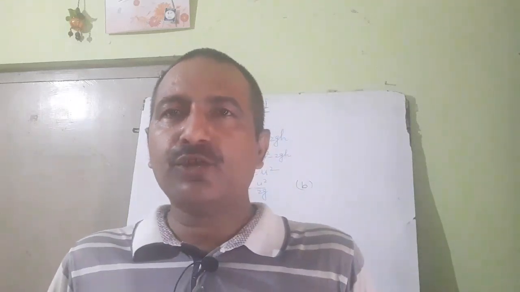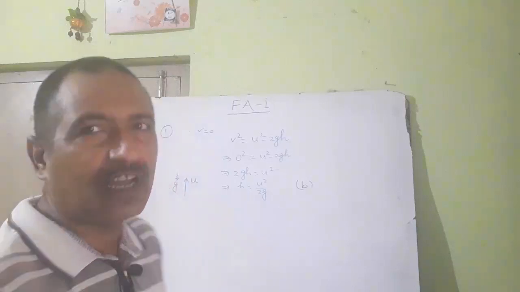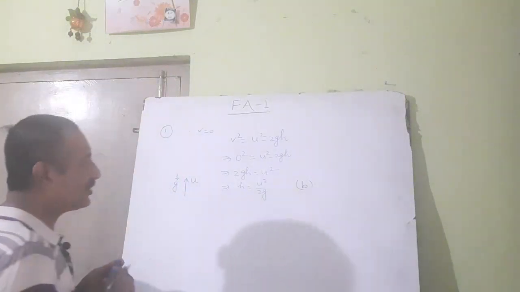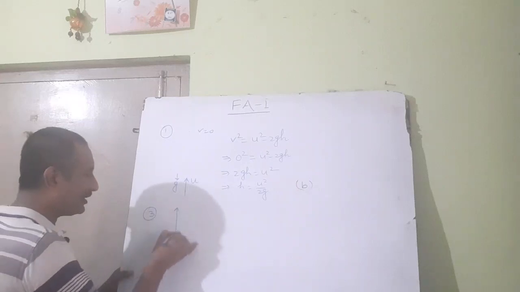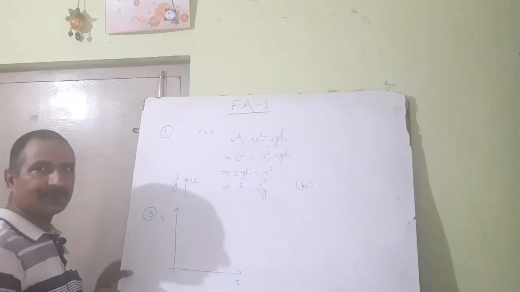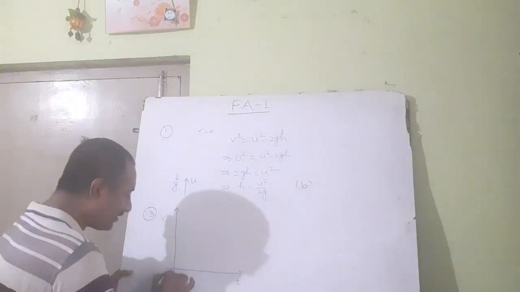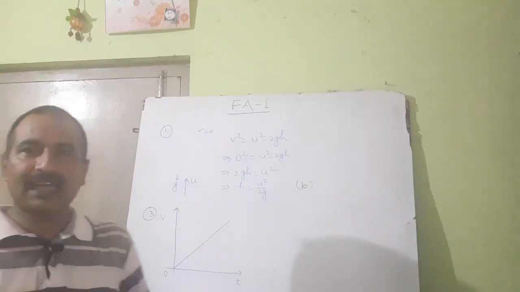Okay. So question number 3, slope of velocity time graph gives. Slope of velocity time graph. If you can recall the nature of velocity time graph, this is the velocity time graph. Time, velocity. Graph is this one. Suppose this is the graph, velocity time graph.